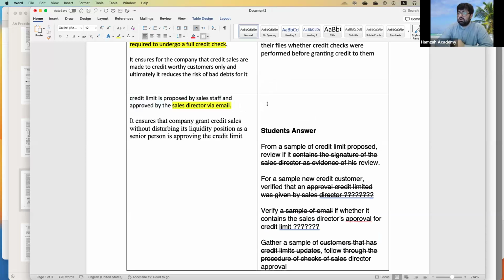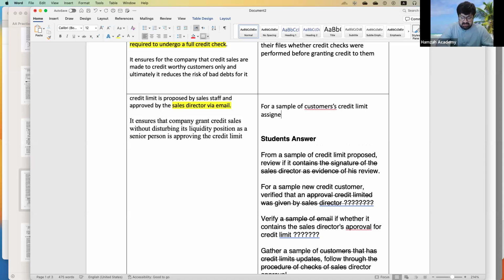Just see here. For a sample of customers, credit limits assigned in the system.